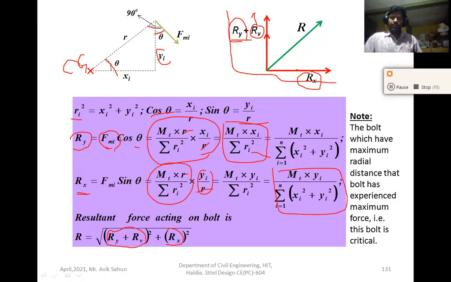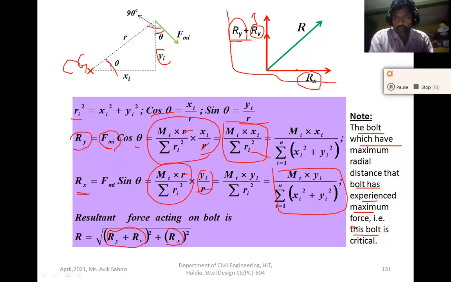And this note is very important. The bolt which has maximum radial distance, that bolt experiences maximum forces. It means this bolt is critical. In a connection there are a number of bolts, so which bolt do we have to design?